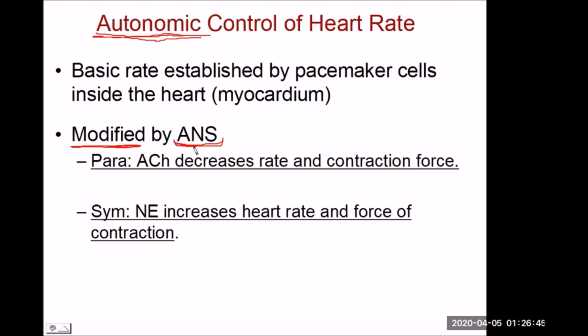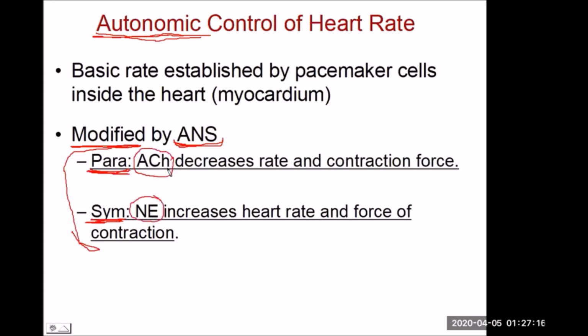And the autonomic nervous system has two general divisions. So it's known as parasympathetic and sympathetic, commonly referred to as sympathetic, fight or flight, the parasympathetic, the rest and digest. And it influences each of the pacemakers by, of course, producing these neurotransmitters.